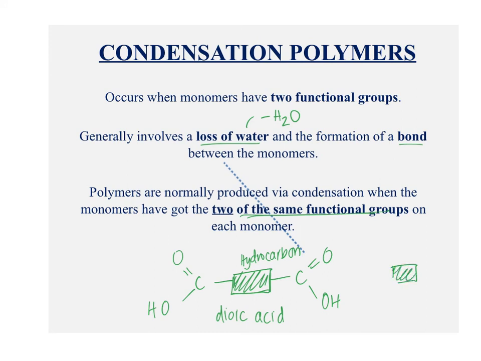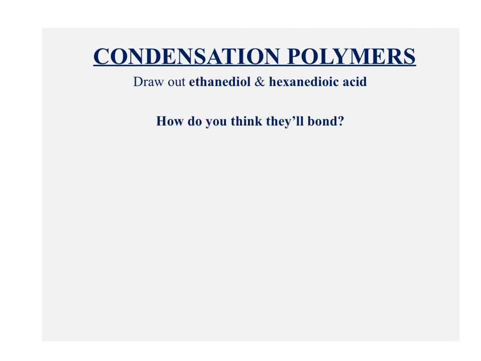Likewise, if I've got two OH groups, then my molecule is called a diol. Okay, di meaning two. So have a go at drawing out ethane diol and hexane dioic acid, thinking about what I've just said. Have a look at those molecules. How do you think they'll bond?